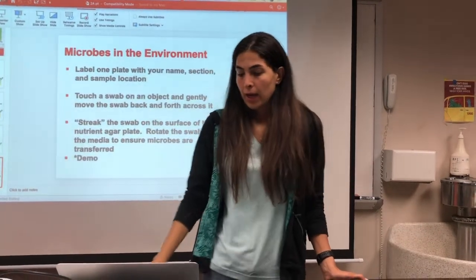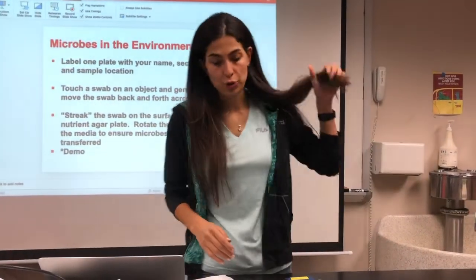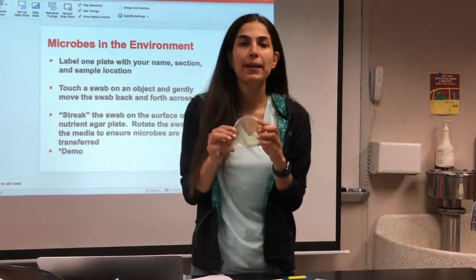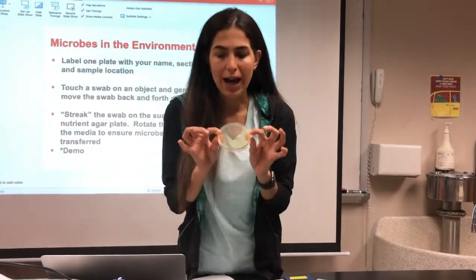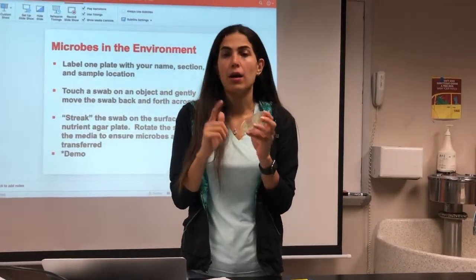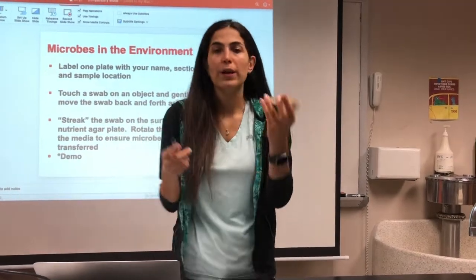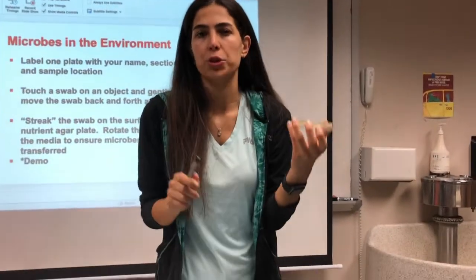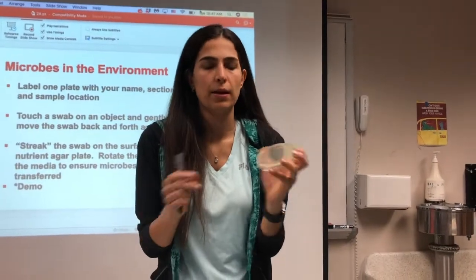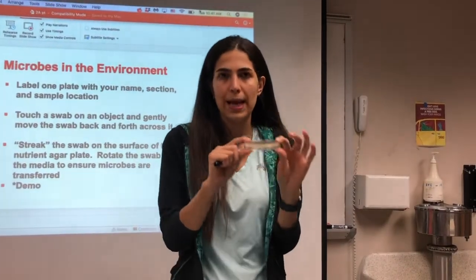The first thing you should do is label your agar plates. You have to label it on the agar side, because when we put it in the incubator, I will show you what the incubator is and how you should put your samples in it.